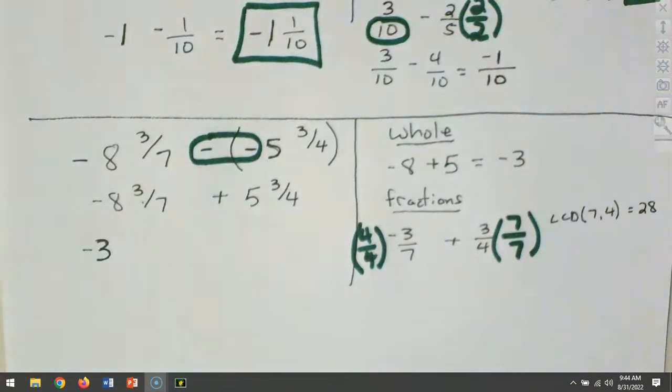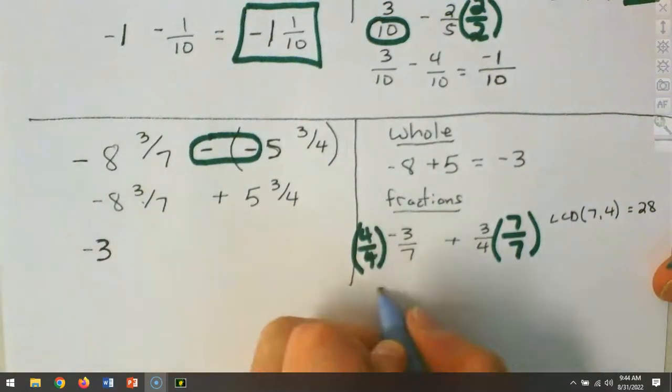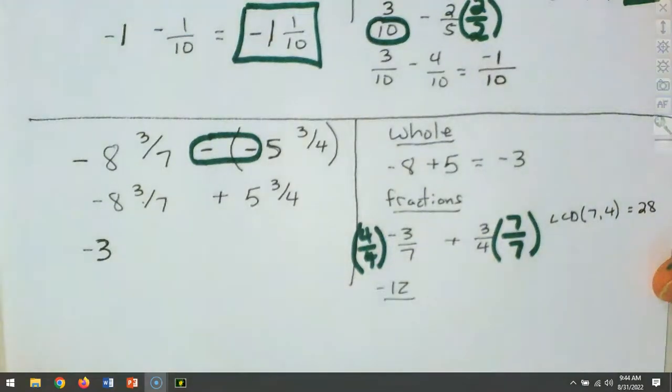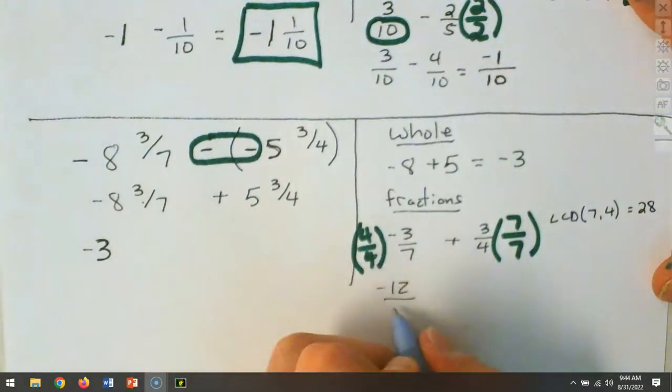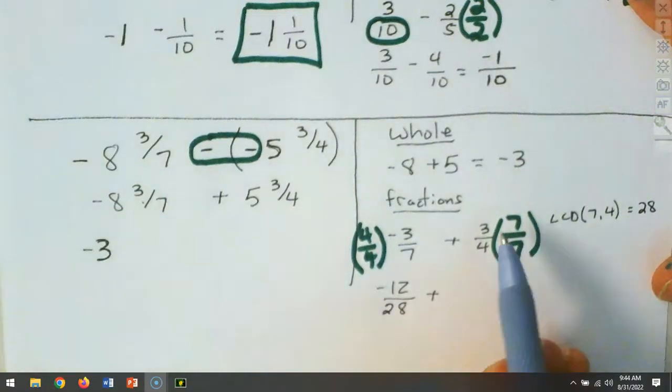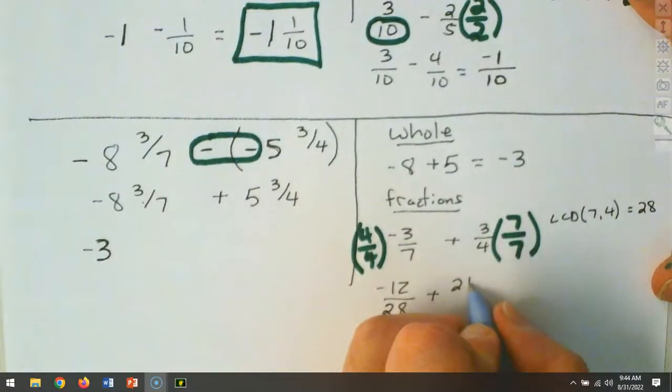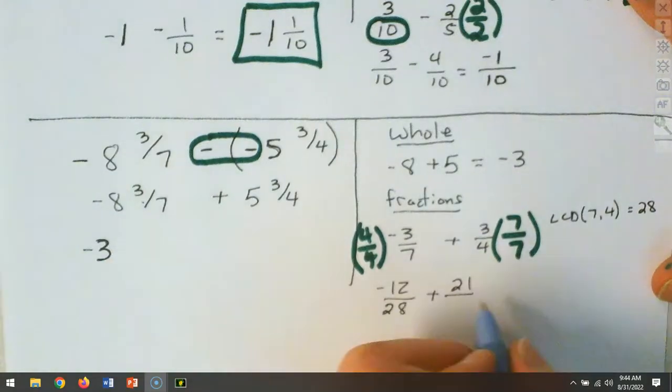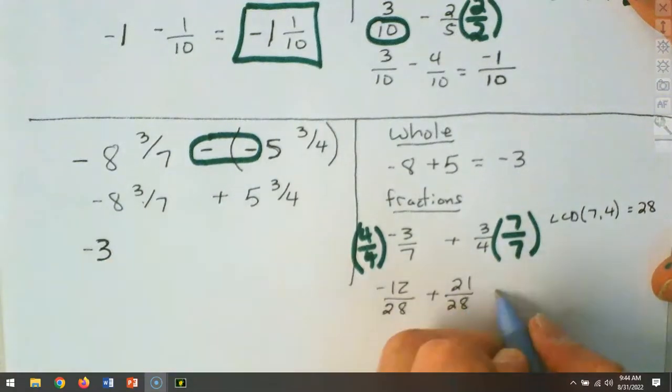And I picked this one on purpose to illustrate a new concept that we're going to have to work with. 4 times a -3, well, that's a -12 on the top, on the numerator. 4 times 7, that's 28. We're going to put that together with 3 times 7 is a 21. Down below, we have a 28.